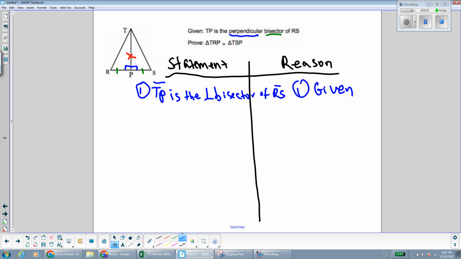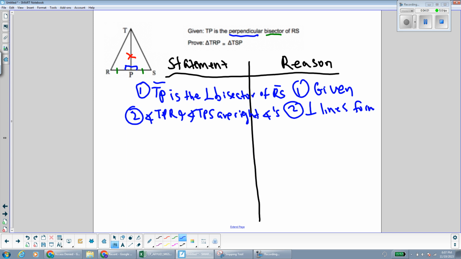From there, I'm going to put the conclusions that we drew from knowing that we have a perpendicular bisector. The first conclusion that we drew is that these angles, angle TPR and angle TPS, are right angles. And we knew that because perpendicular lines form right angles.